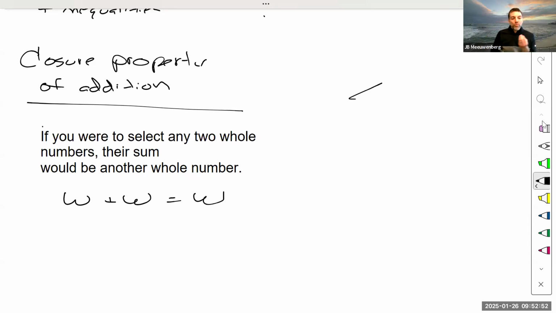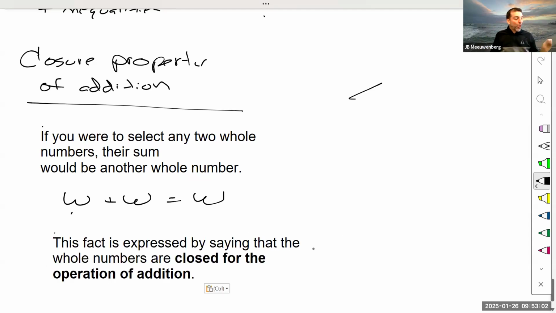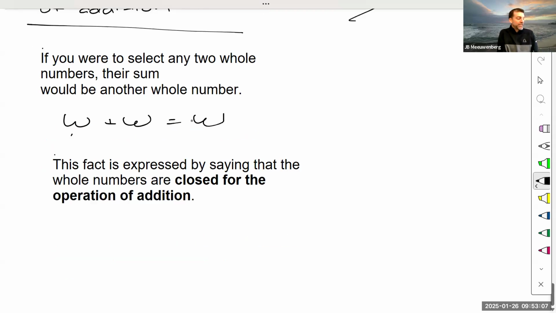So we say mathematically that the whole numbers are closed for the property of addition. Again, closure means if you do this operation, you're not going to end up with a different type of number.